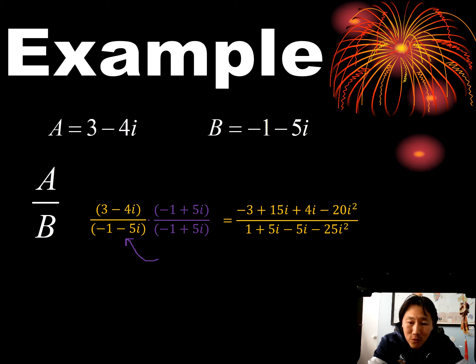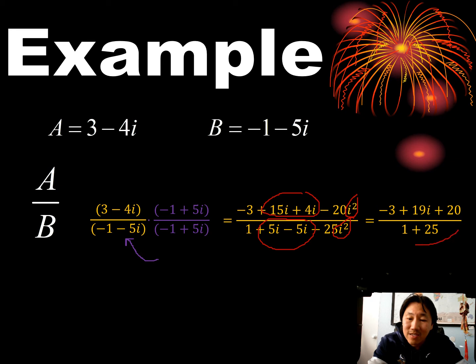FOIL the top, FOIL the bottom. Combine the middle terms, and then of course the i squared turns into -1. We should have -3 plus 19i plus 20 all over 1 plus 25.